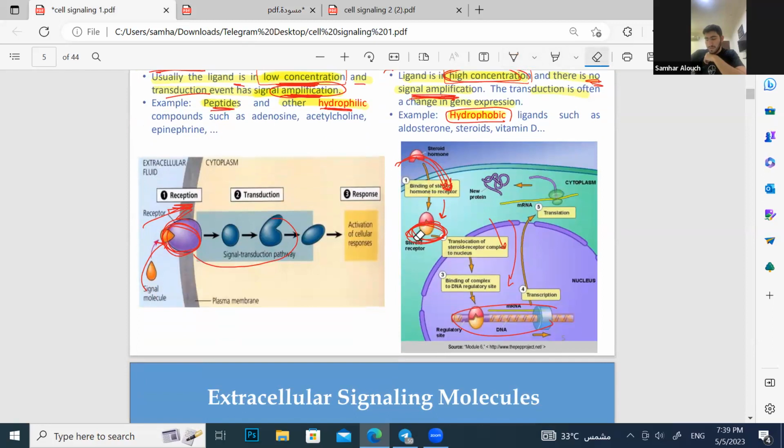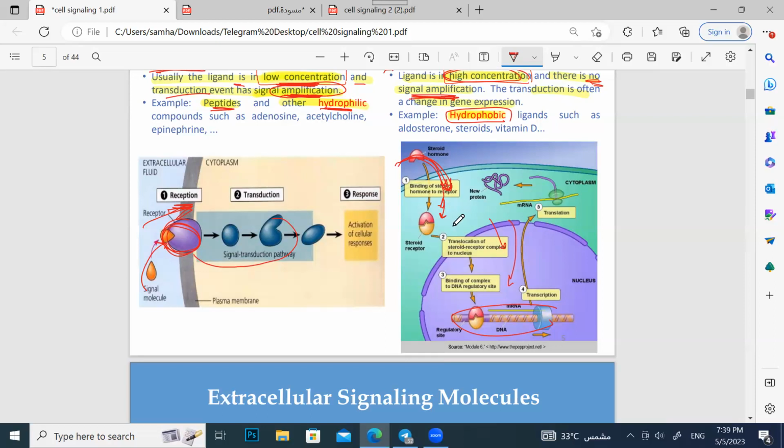No, the receptor concentration shouldn't be high, because the receptors are always there. Ligands just come and bind, cause the reaction directly, and then leave. Another ligand comes, then it leaves, then another ligand comes. So we don't need a very high concentration of the receptor, but we need a very high concentration of the ligand, because the ligand causes the reaction directly, then leaves, so another one can bind. Yeah, okay, it's clear, thanks.